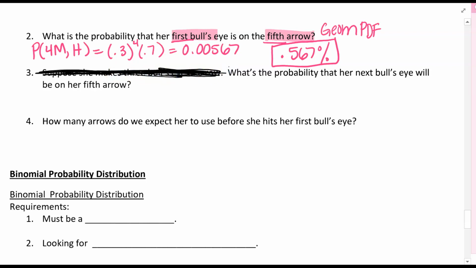So instead of next, we're going to say her first bullseye will be, and we're going to cross out the on her 5th arrow. We're going to say, what's the probability that her first bullseye will be among the first 3 shots?